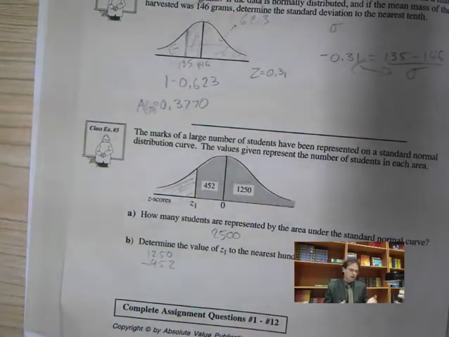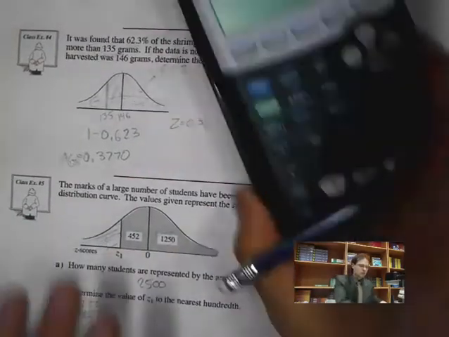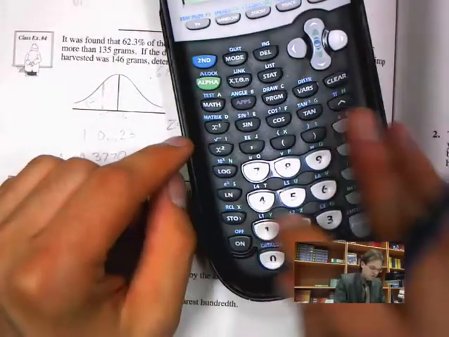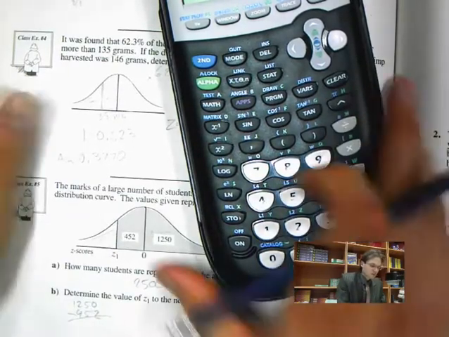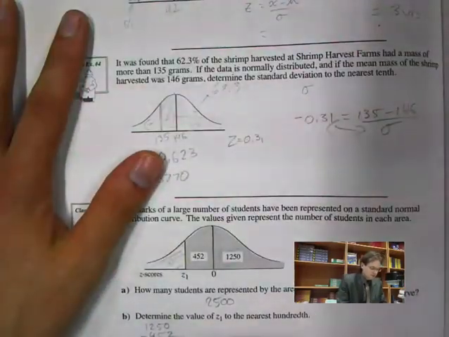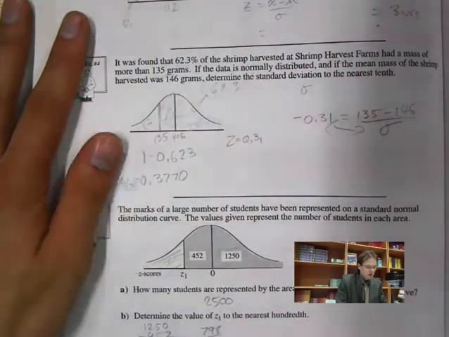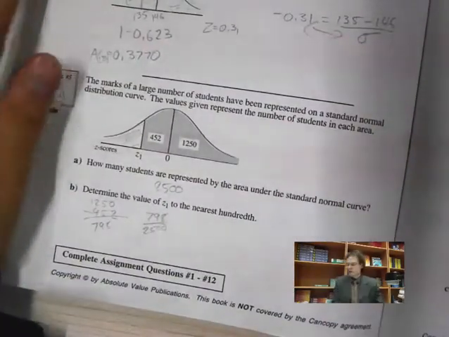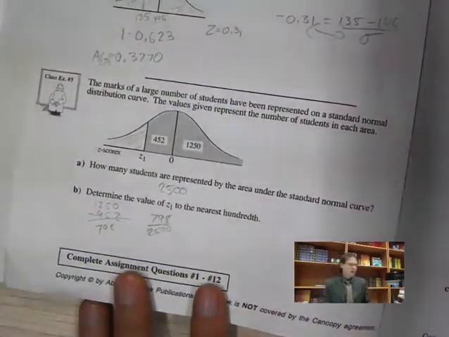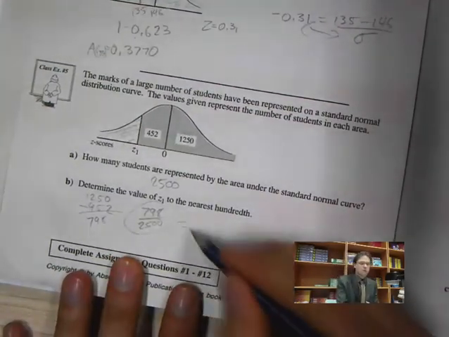So 1,250 minus 452 is 798. Then we divide 798 by 2,500, and that will give me my percentage. And from this, I'd look up my z-score.